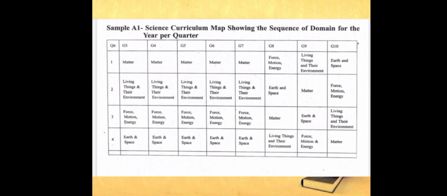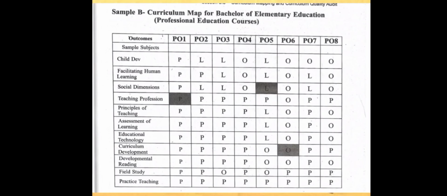So we have 4 quarters. Sample B, Curriculum Map for Bachelor of Elementary Education Professional Education courses.